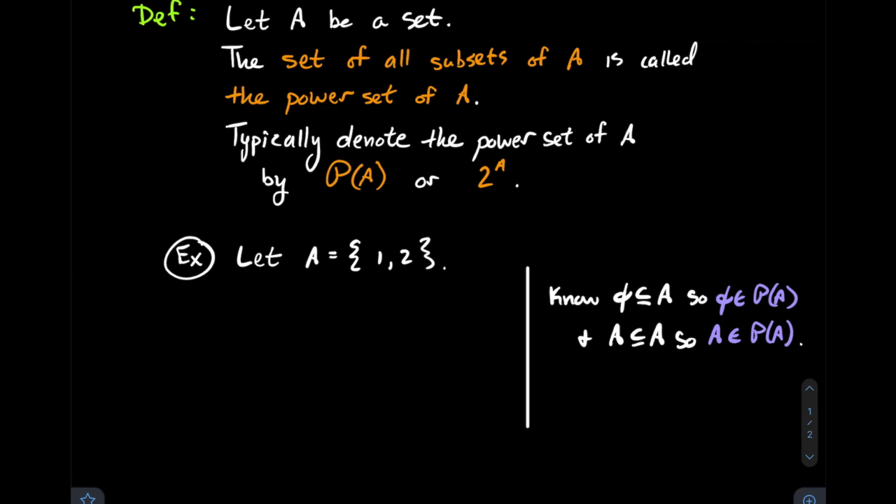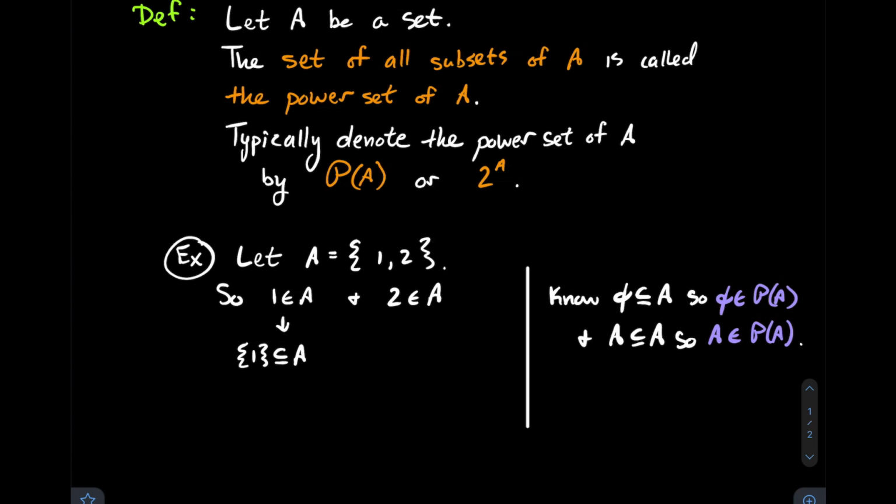Now let's go to the ones that are a little more dependent on what the elements of A actually look like. Here, I'm asking how many other different subsets you can make if you're only allowed to pick from these two options. 1 is an element of A, and 2 is an element of A. Remember, that's what the little E symbol means. If 1 is an element of A, then I can make the subset that just has the single element 1 in it.